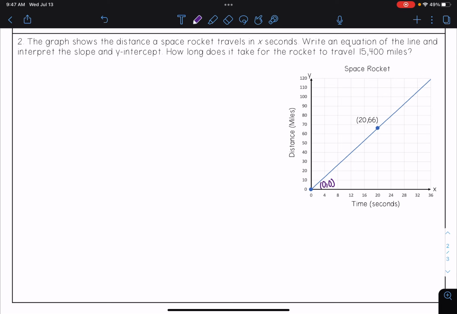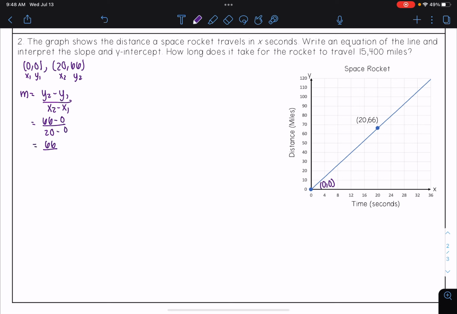So first I want to write the equation of the line, and so I have (0, 0) and (20, 66) as my two points. So I first need to find the slope, so I'm going to label this as x1, y1, x2, y2. So I have m is equal to y2 minus y1 over x2 minus x1. So I have 66 minus 0 over 20 minus 0. So I get 66 over 20.